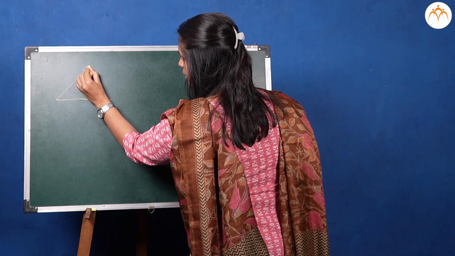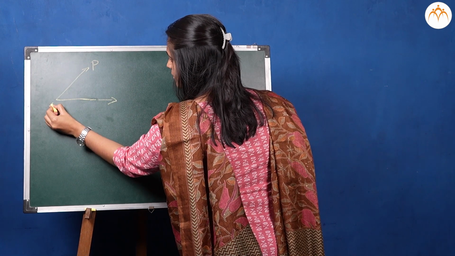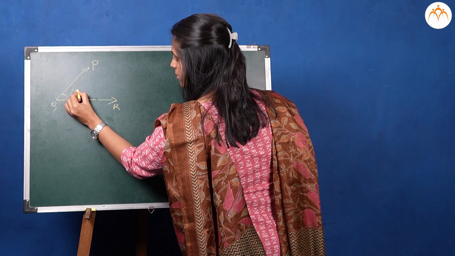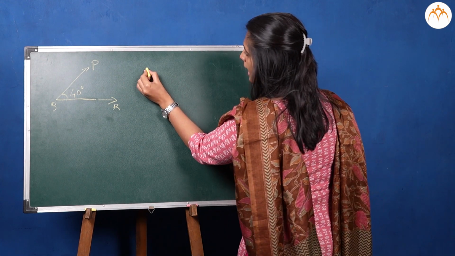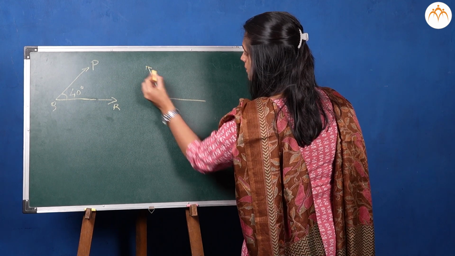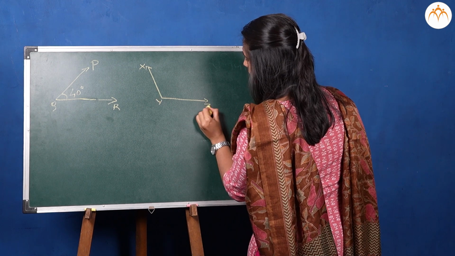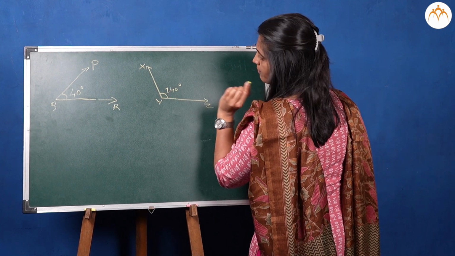So, let's say this is angle PQR. It is 40 degrees. And this is angle XYZ. This is 140 degrees. Now look at these figures.